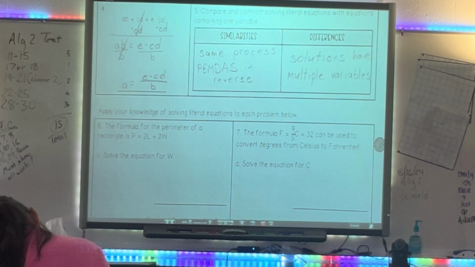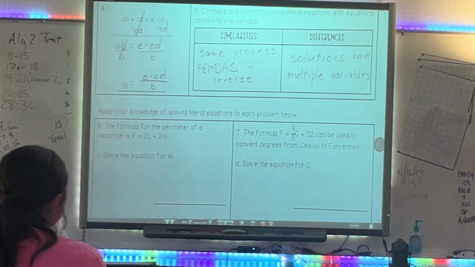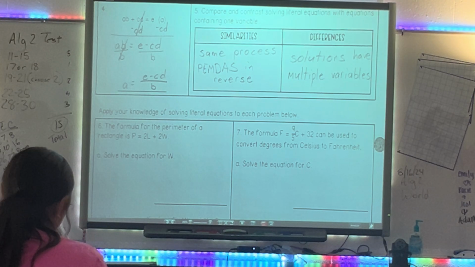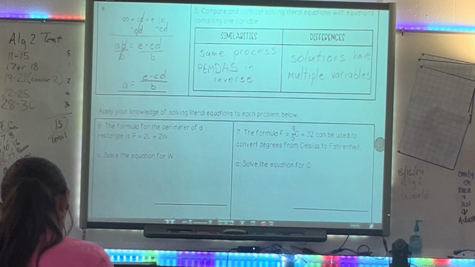Is that logical to y'all? But the process is the same. So if you can get something into y equals mx plus b, where you have y equals 4x plus 6, you can do this. It just means you might not have a 4 and a 6. Does that make sense to y'all?